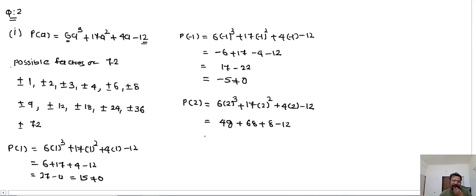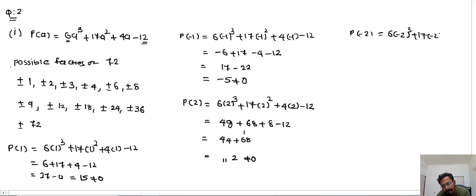Now let's try the next number, minus 2. So minus 2 cube is minus 8, and minus 48. Minus 2 square is 4, 4 17s is 68. Minus 8 minus 12. I hope it becomes 0.